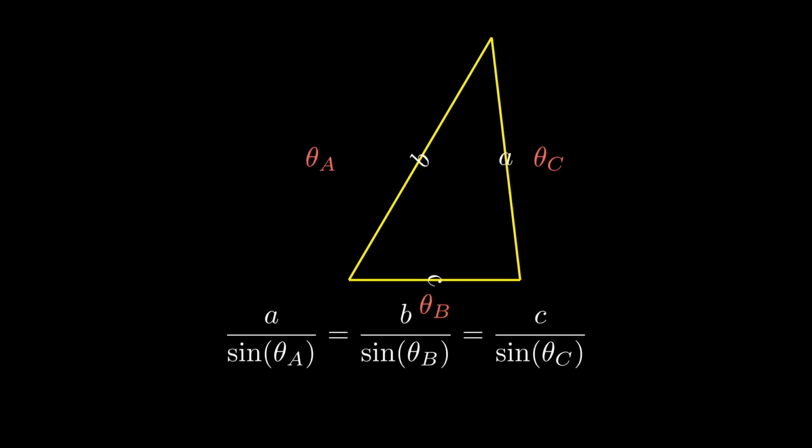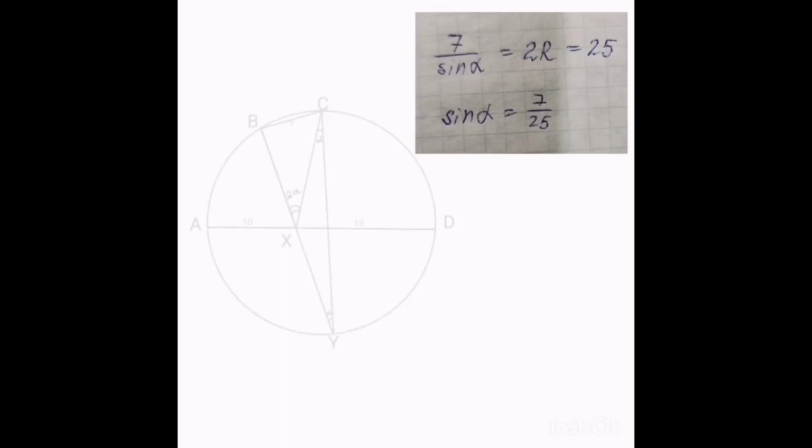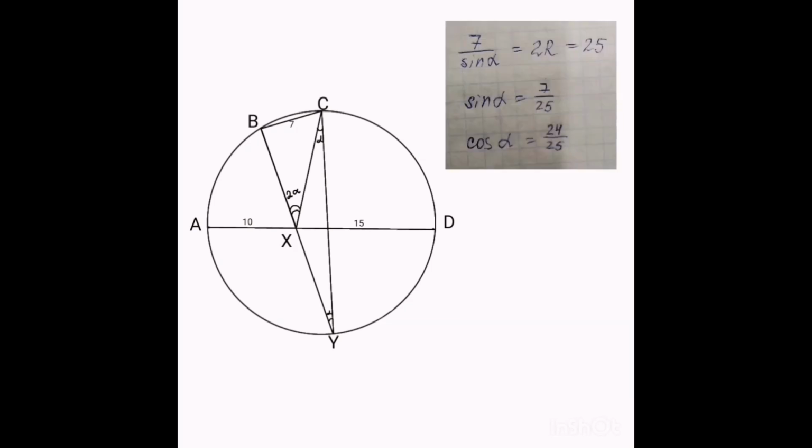And I would like to quickly write down the law of sines, which states that 7 divided by sine alpha equals double the radius, which in our case equals 25. After that, using some basic algebra, we can state that sine alpha equals 7 divided by 25, and using the Pythagorean trigonometric identity, we can say that cosine alpha equals 24 divided by 25.